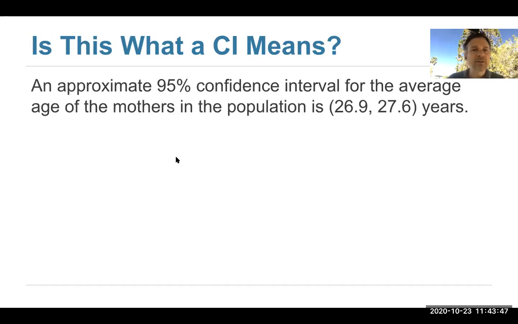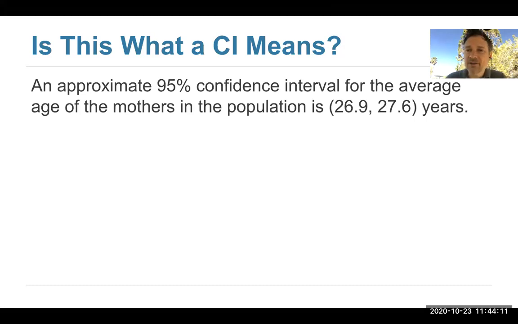Let's do another one. We did the same experiment. Took a random sample of mothers. We used that to estimate the average age. And I just want to highlight, I was talking before about medians. Now we're going to do this for averages. You can do the same process for any parameter of the population. So the one we're looking at now is average.